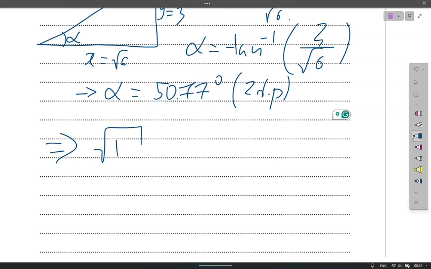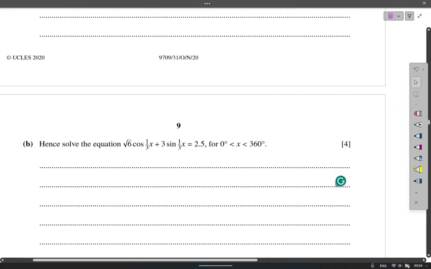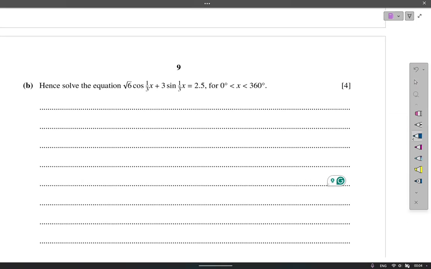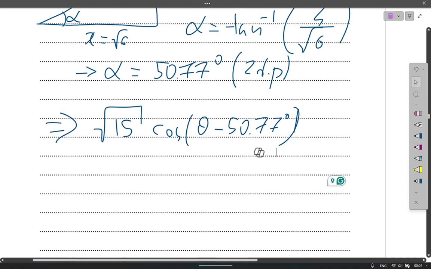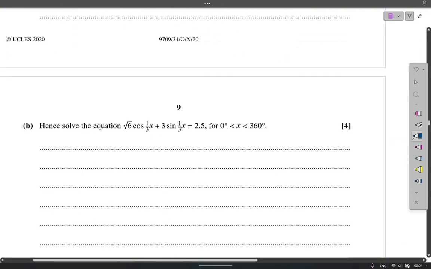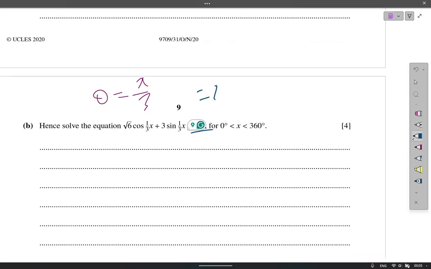It's just square root 15 cosine theta is this. Okay. So to solve this question, we have to change our formula a little bit, so that in this case, theta is equal to just x over 3, equal to 2.5.